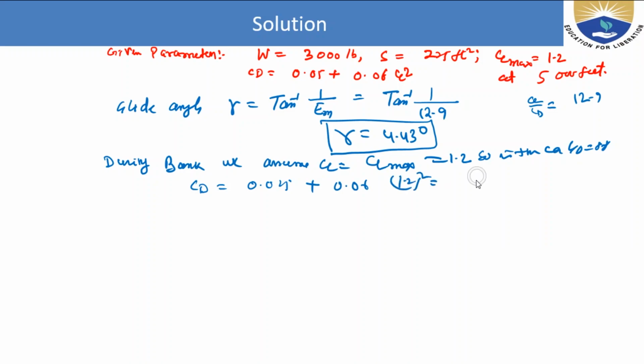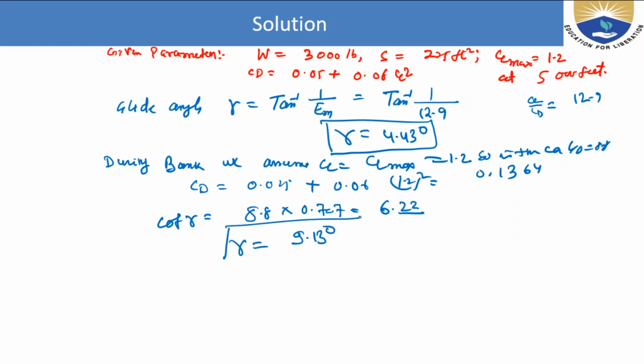You will get here CD 0.1364. So here we can write that cot gamma is equal to 8.8 into 0.707. It is equal to 6.22. So here gamma is equal to 9.13 degree.